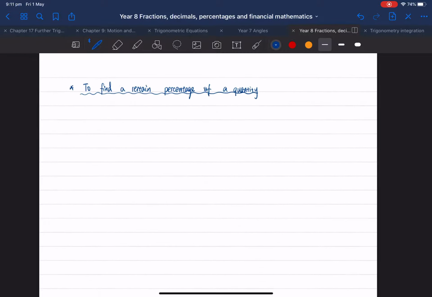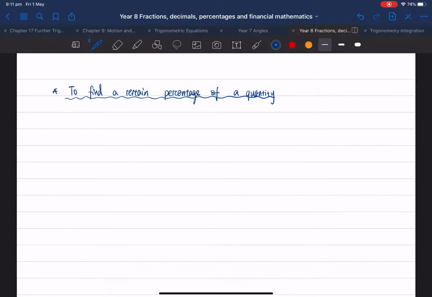All right, so the first step is if you want to find a certain percentage of a quantity, basically all you have to do is think about the word off. If they ask you, 20% off of a certain amount, then off means multiplication.